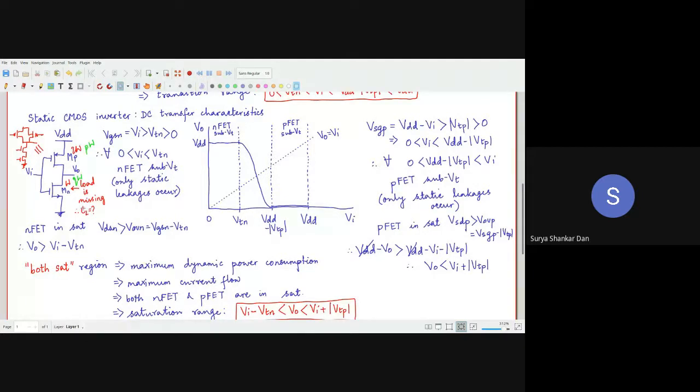So whatever we are going to learn right now about the static CMOS inverter, it's not just about the static CMOS inverter. It's also a study about the equivalent inverter.